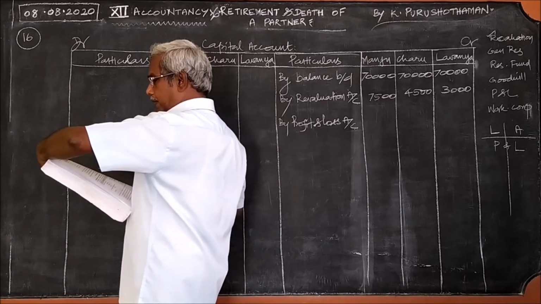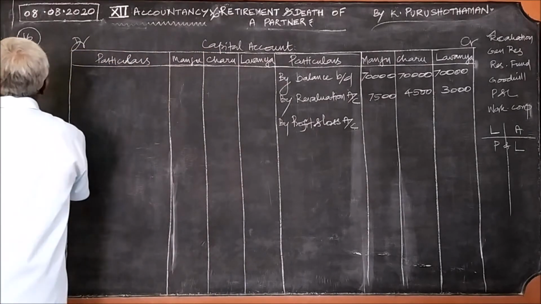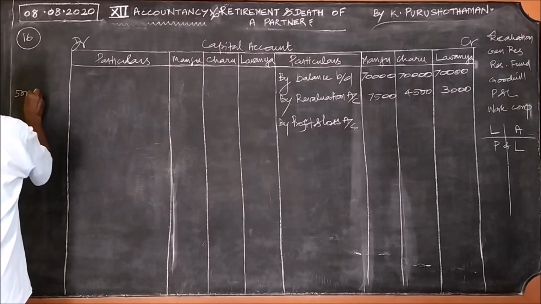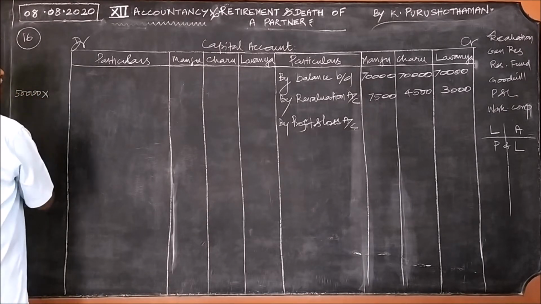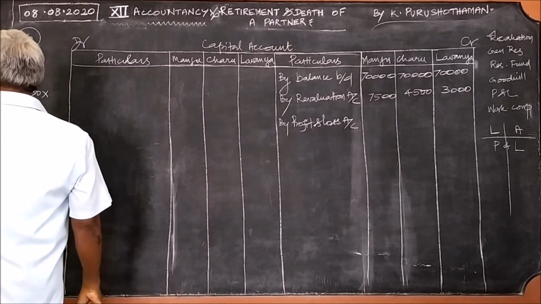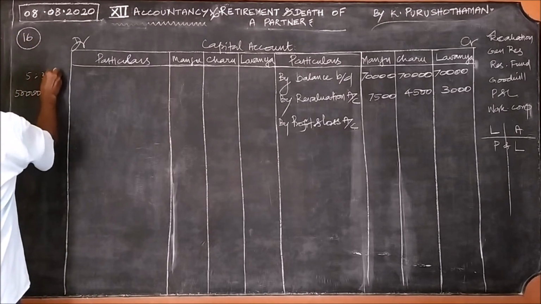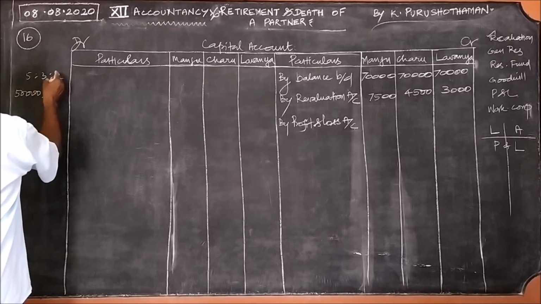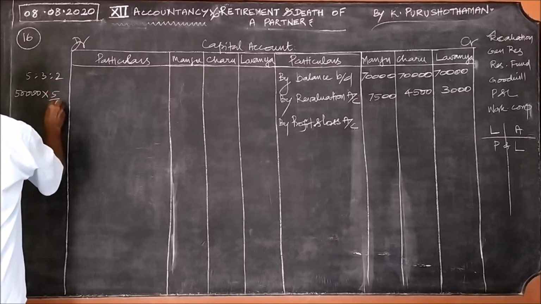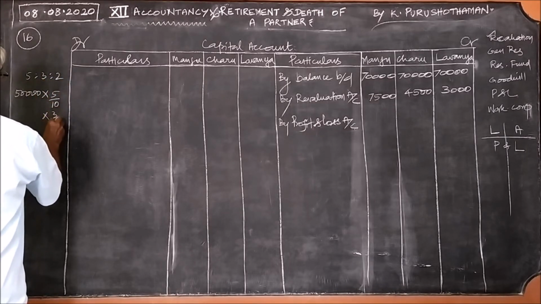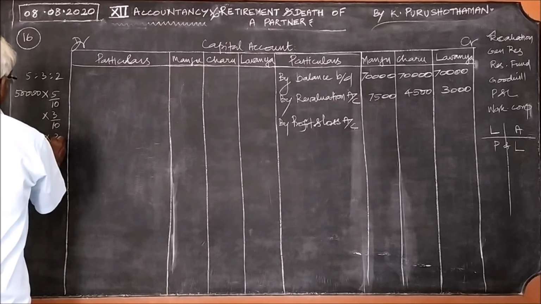Amount given there, profit and loss account is 50,000. According to the ratio we should divide. What is the ratio? 5 is to 3 is to 2. 5 plus 3, 8, 8 plus 2, 10. That is 5 by 10, 3 by 10, 2 by 10.